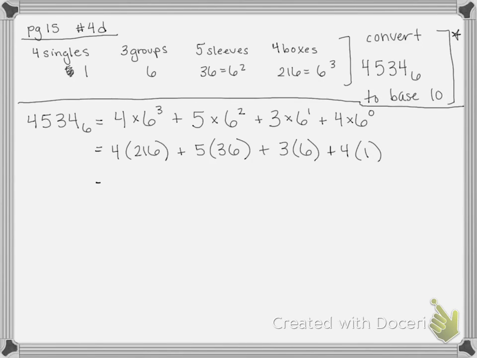I'm using a calculator to find these numbers. 4 times 216 was 864. 5 times 36 is 180. 3 times 6 is 18. And 4 times 1 is 4. And when we add those all together, we get 1,066 bolts.